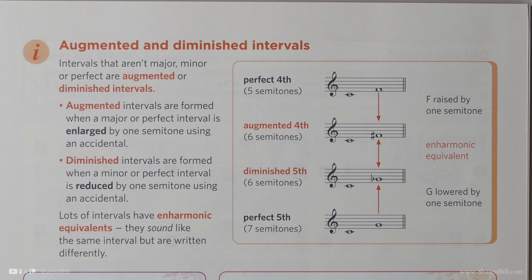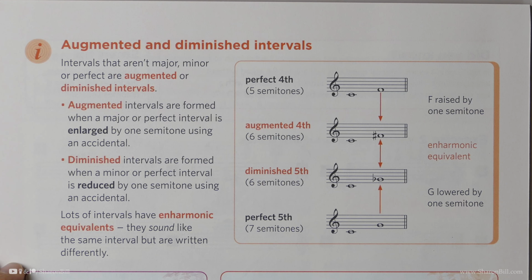Let's continue on to page 42 of the Grade 4 Discovering Music Theory workbook, and we're now going to look a little more closely at intervals, and we're going to increase or decrease these intervals by a semitone even further outside of major and minor.